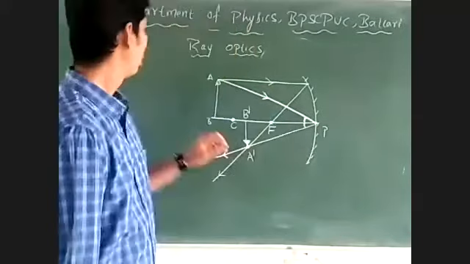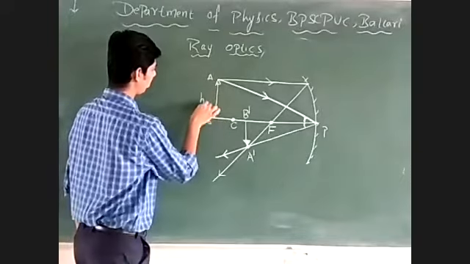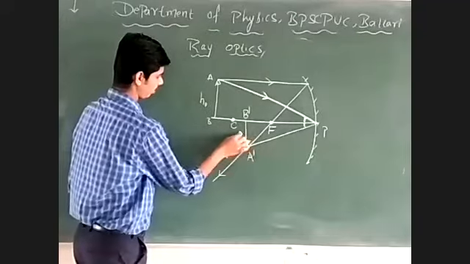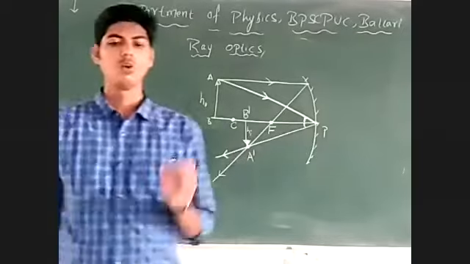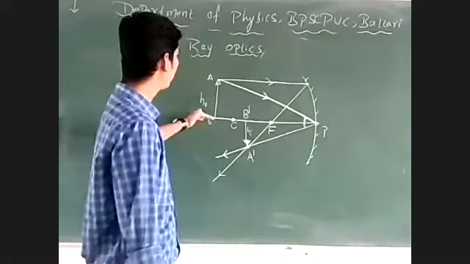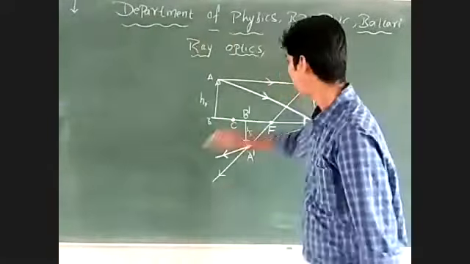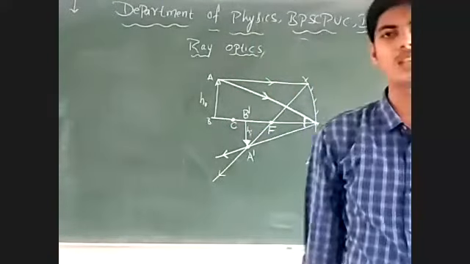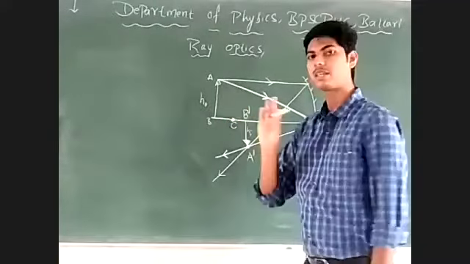So the height of the object, we'll write this AB as height of the object HO, and we'll write this A dash B dash as height of the image HI. Whether height of the object will be positive or negative? Distances measured above principal axis and perpendicular are positive, so height of the object must be positive.